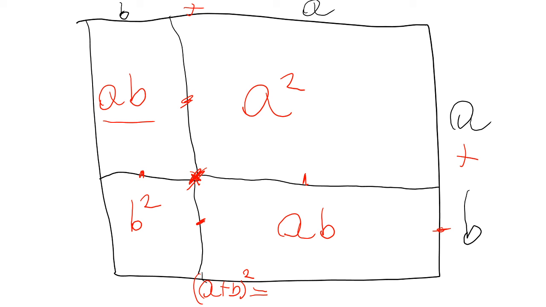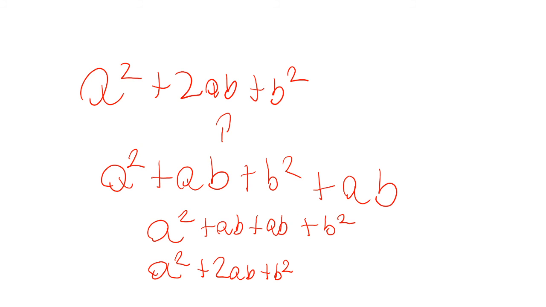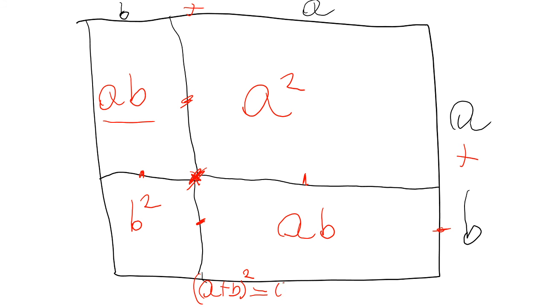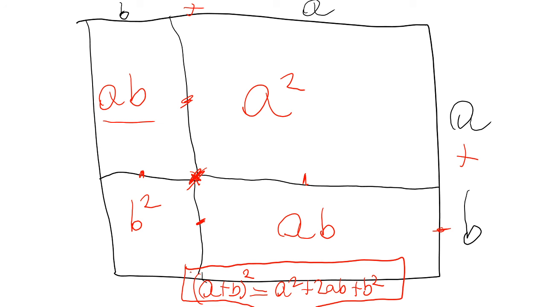Now, if we add each piece up, that's still equal to this total area, and the addition is a squared plus 2ab plus b squared. So they're equal because we just found the area of the square in two different ways, proving that (a plus b) squared, the expansion of the product of binomials, is equal to a squared plus 2ab plus b squared.